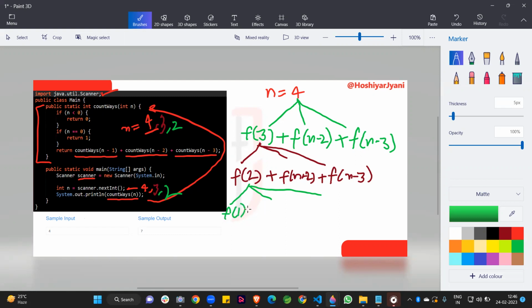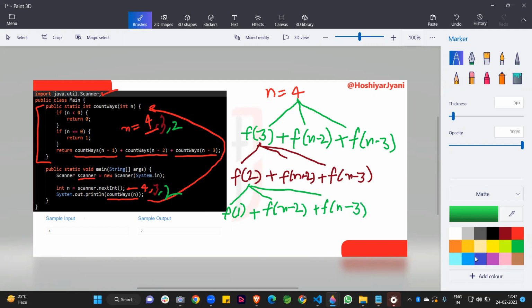And first of all, we solve this. And after that, we solve these two methods. So I am writing the same here because first of all, we solve this. So f of n minus 2 and again here plus f of n minus 3. Okay, guys.